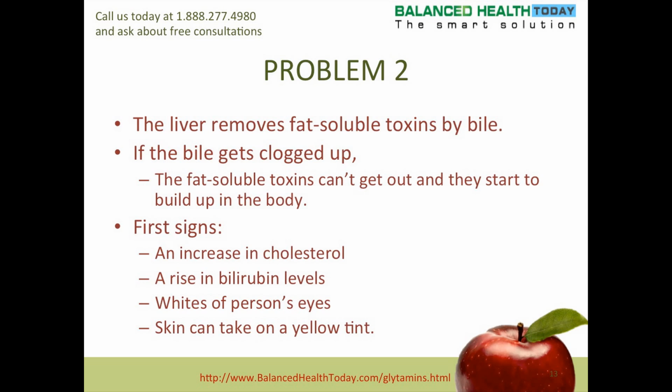Impaired bile excretion causes cholesterol levels to rise. It's that simple. In addition to the levels of cholesterol rising, bilirubin levels can also begin to rise. If they get to be bad enough, you can see the whites of a person's eyes, and sometimes their skin, take on a yellow tint. The technical term for this is jaundice.